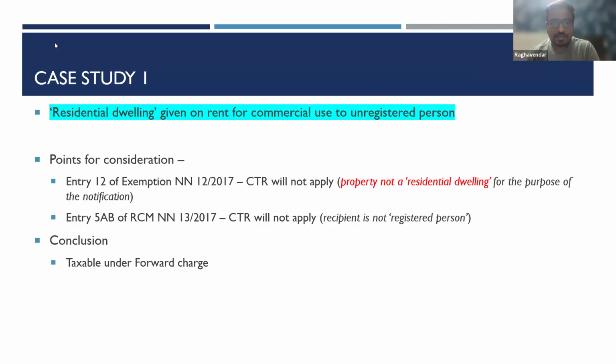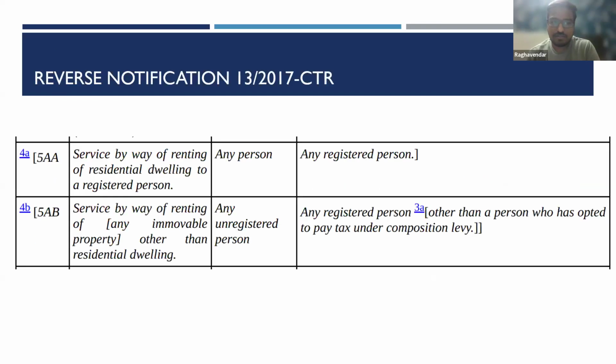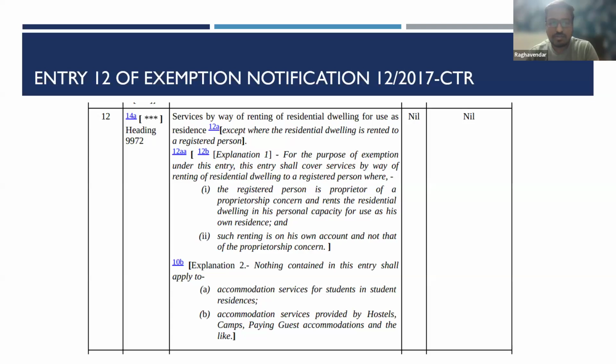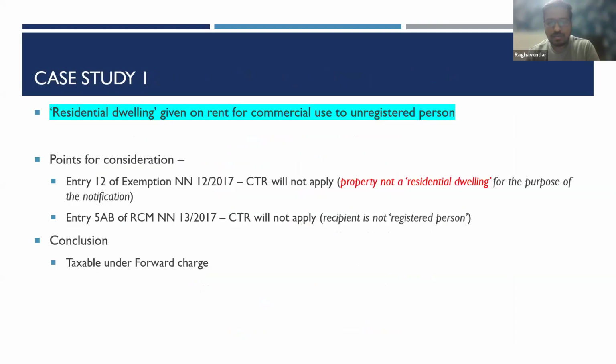In case 1, the property is given for rent for commercial usage. So a residential dwelling is given for commercial use. Actual use itself is commercial. So this cannot be treated as a residential dwelling for the purpose of this entry, which means this exemption entry will not apply. That's my understanding.